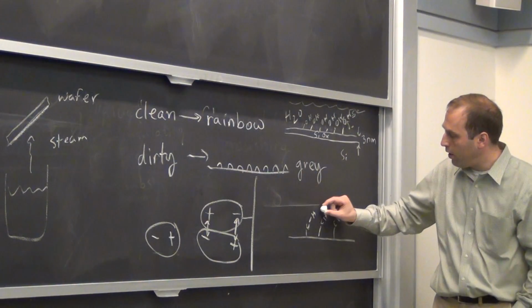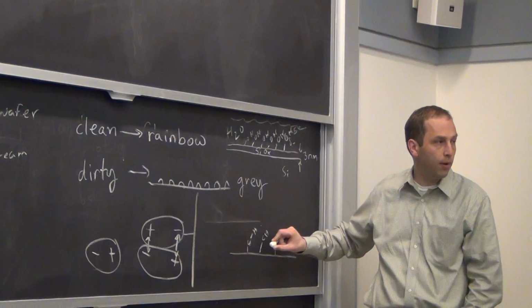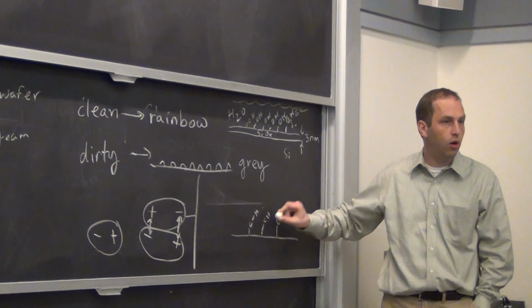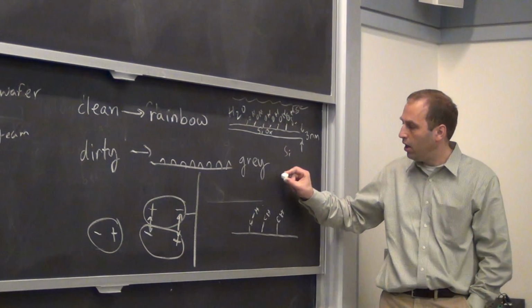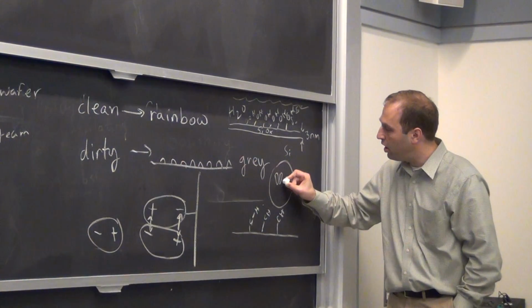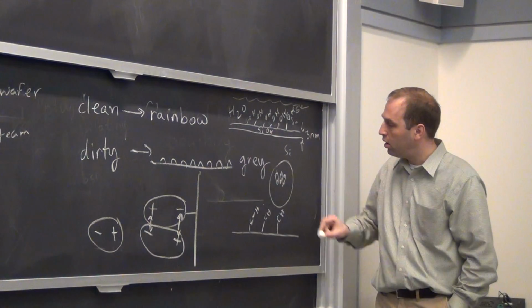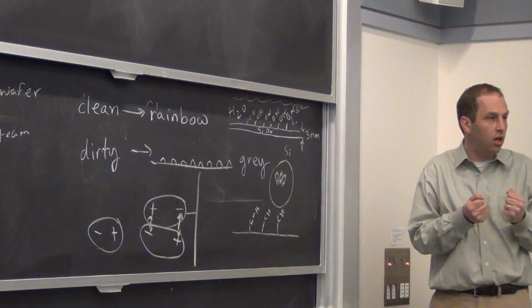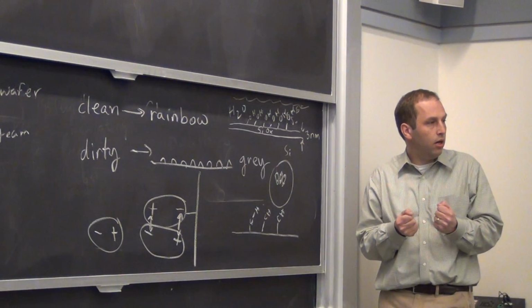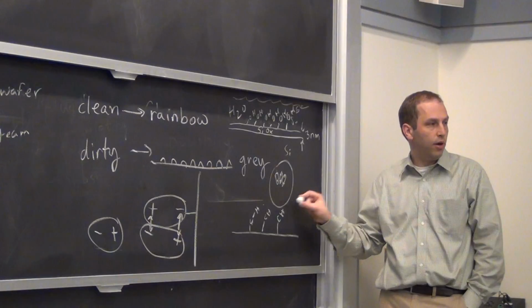you try to deposit water, the water, which is highly polar, has a choice now between bonding to the surface molecule or bonding to other water molecules. And the water will, in general, prefer to bond to other water molecules that are also polar. These are not strong covalent bonds. They're weaker bonds, but they're still stronger than the bonds to the surface.